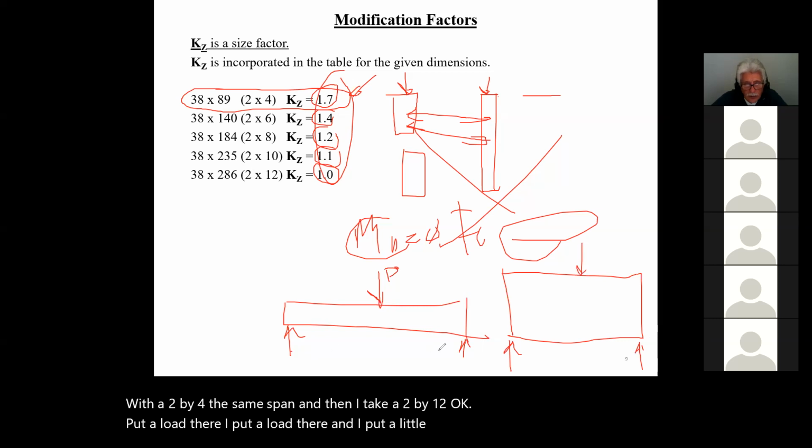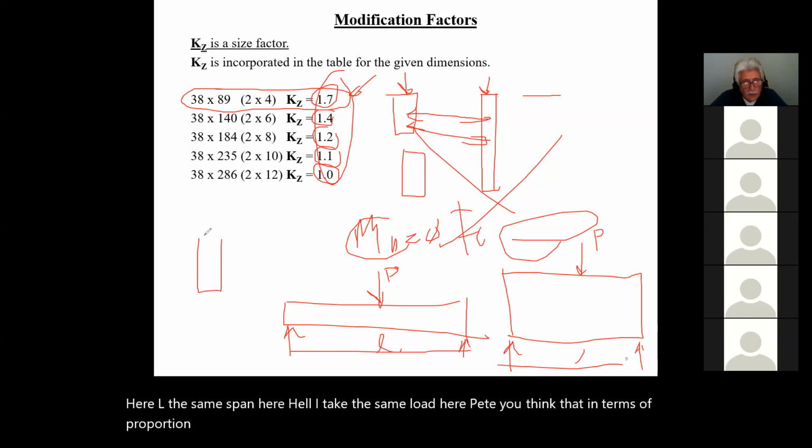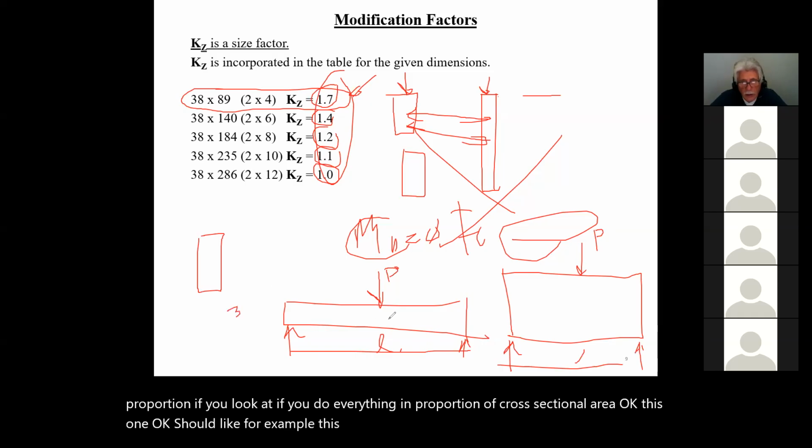In other words, I take the same span L, and the same load P. You think that in terms of proportion, if you do everything in proportion of cross-sectional area, this one, a 38 by 89, should be able to, like a 2x4 versus a 2x12.